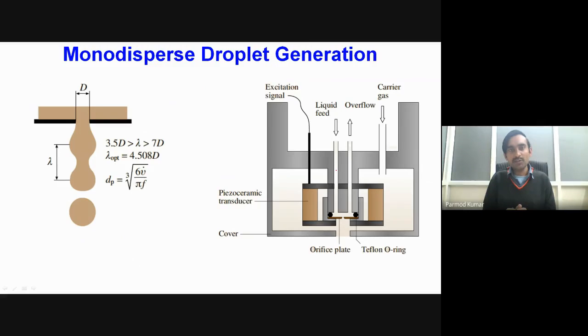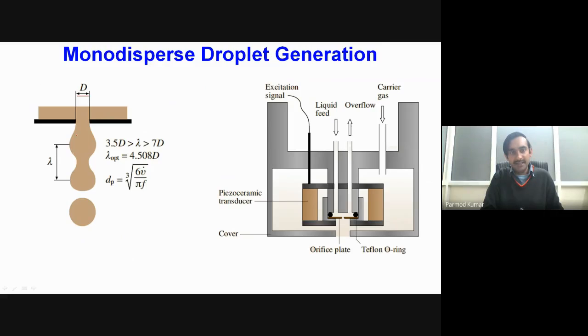Okay, but in many applications what we require is monodispersed droplets. So for obtaining monodispersed droplets, we require one fluidic principle which is based on the formation of a Rayleigh jet. What we have over here is d as the diameter of the nozzle, out of which a jet is coming out.